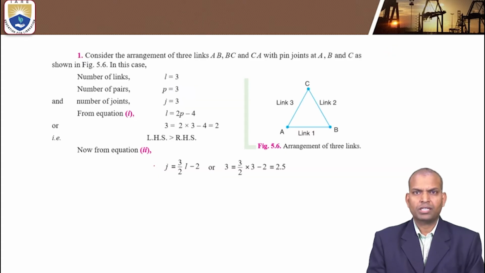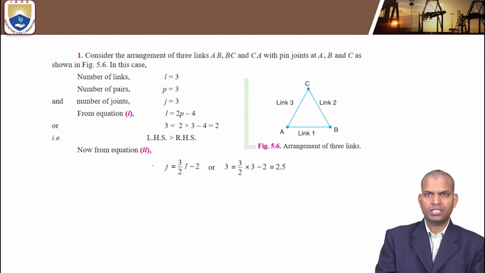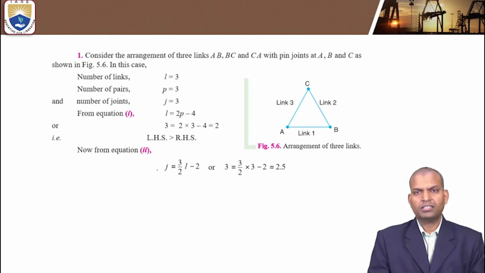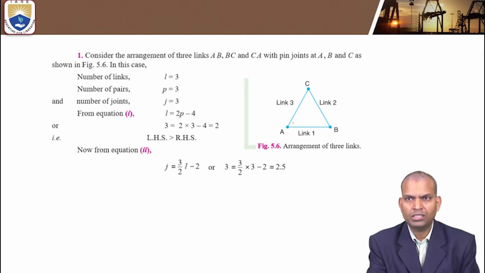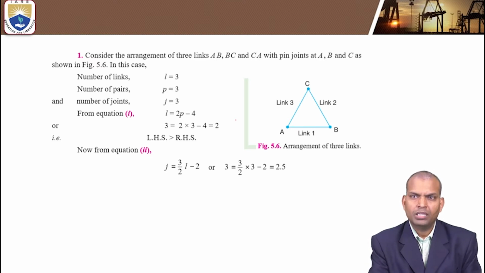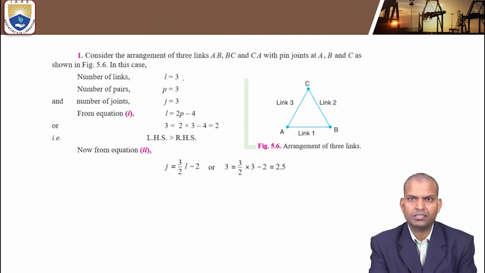Now, consider the arrangement of 3 links. There are 3 links here, AB, BC and CA, with pin joints at A, B and C as shown in the figure. That is link 1, link 2 and link 3. The number of links in this figure is L equal to 3.